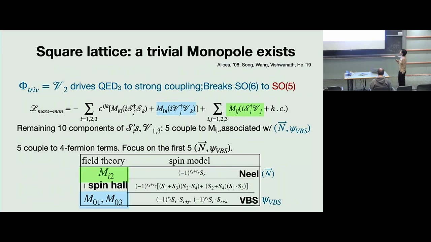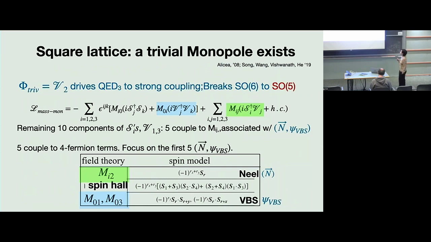To see what this does, it's informative to be reminded that there is a coupling between the fermion bilinears and the monopole bilinears, which is always allowed in the Lagrangian. And in particular, the terms involving this trivial monopole. So now the trivial monopole condensate can be thought of as some C number, right?